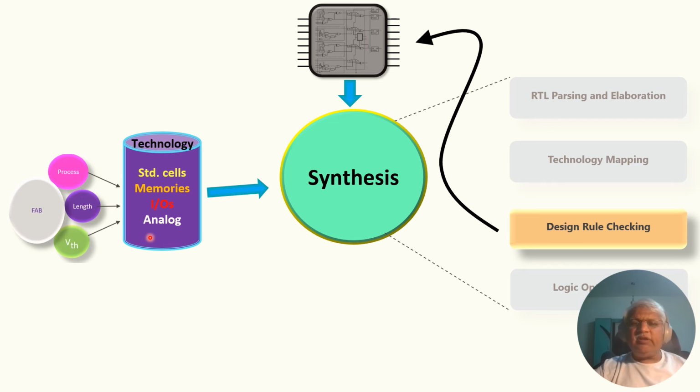The other IPs are also present. So now this design, especially the digital design, is ready with all the necessary contents, because the RTL is now converted into the gates, which can be ready for the fabrication.